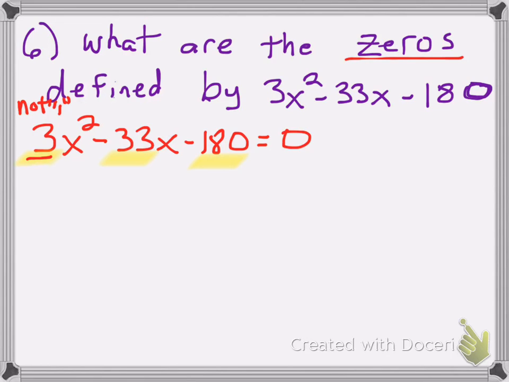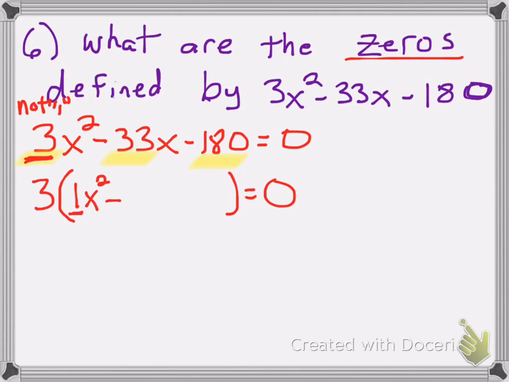Since 3 divides 33 evenly, 11 times, and 180 is divisible by 3, 60 times, I can factor 3 out. Now, I can't get 2 sets of parentheses yet, which is okay, but I can fix this. 3 divided by 3 is 1x squared. That's what I want. I want to see 1 right there.